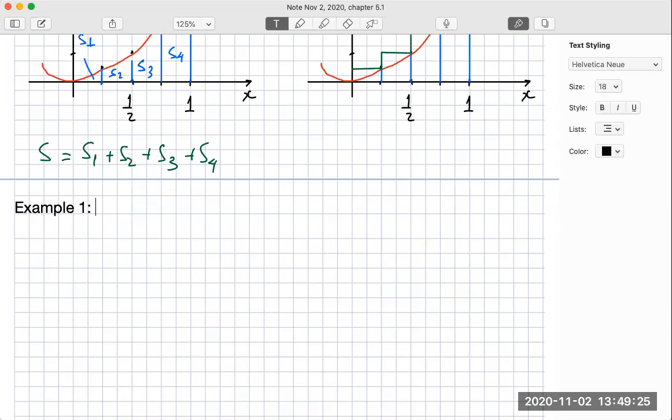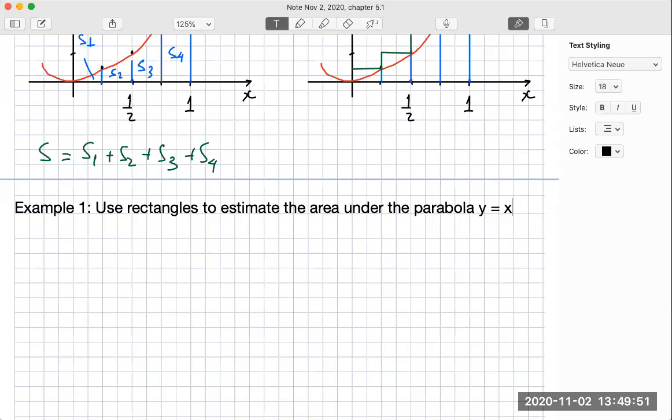So use rectangles to estimate the area under the parabola y is equal to x squared from 0 to 1, okay, as in the figure here.